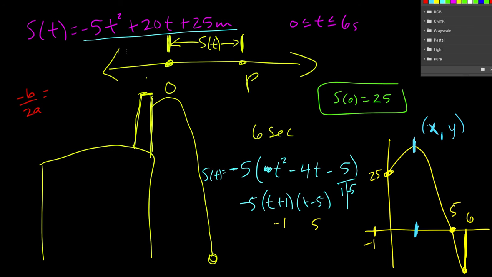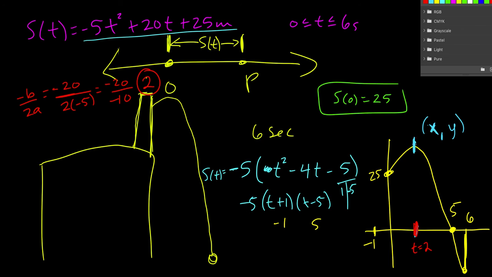So if we just look at this, we get negative 20 over 2 times negative 5. So that gives us negative 20 over negative 10. Negative 20 divided by negative 10 is just positive 2. So that tells us that t equals 2 is our x value right there, or our t value.